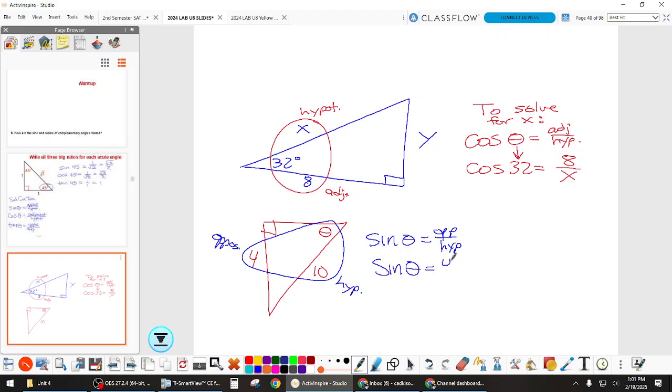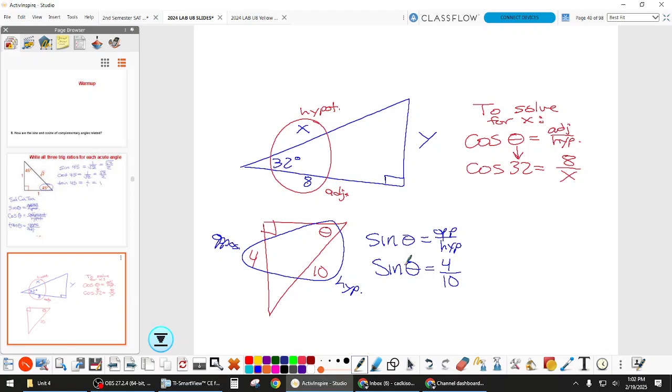And I plug in opposite over hypotenuse, so 4 over 10. And then we have to go solve for theta. These are the two general types of solving that you'll get with these trig ratios. Solving for a side length, or solving for an angle over here on the other side. Okay?